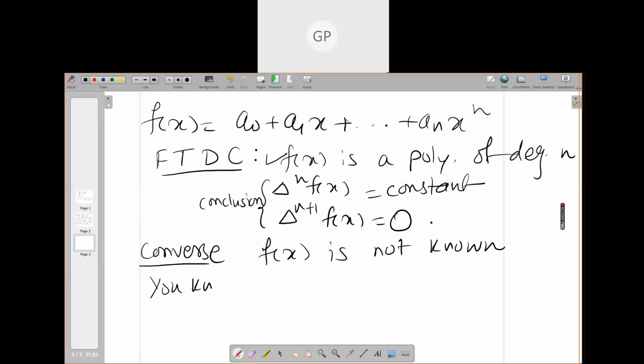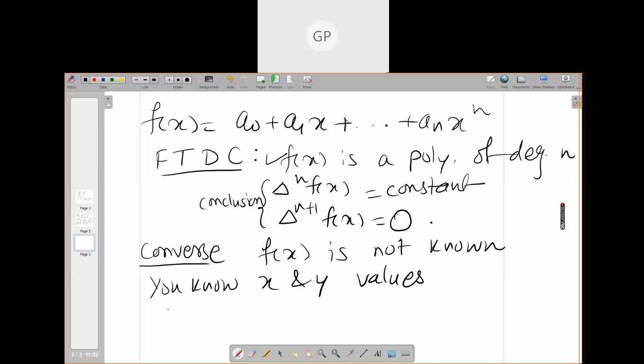You know x and y values, right? You know an x value and the corresponding y value, but you don't know how they are connected. What is the formula? When I say f of x is equal to x square minus 5x plus 3, it is my formula for finding the y value. But now I don't know what is f of x, but I know x and y values.